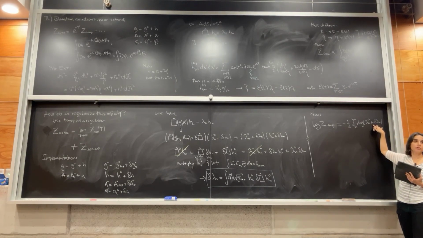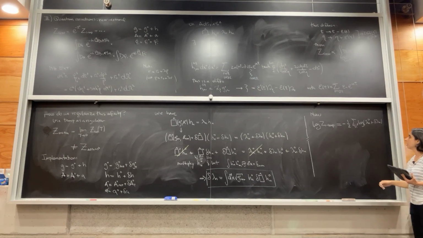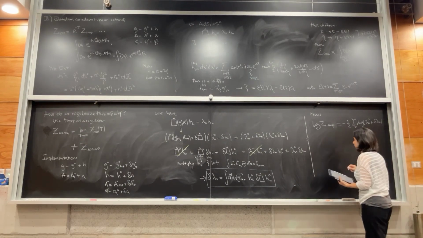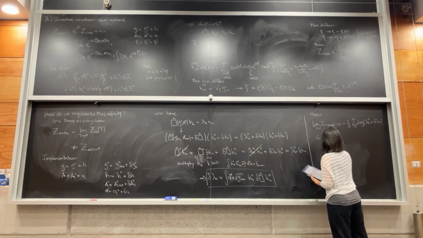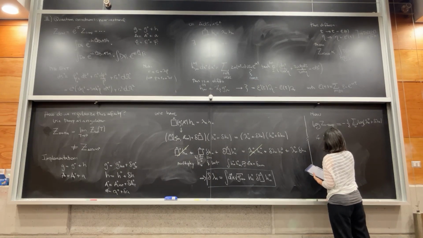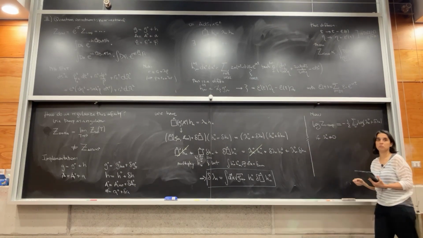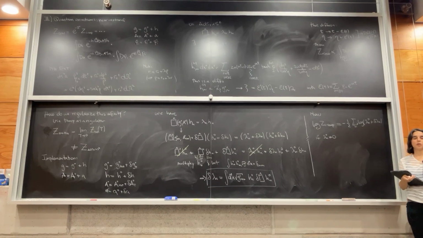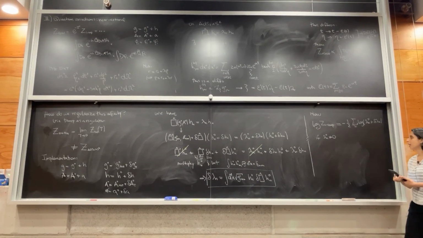Each of the eigenvalues gets corrected by a bit. So what can we learn from this formula? If the original eigenvalue was not 0, it's a correction, and the eigenvalues are going to get corrected.